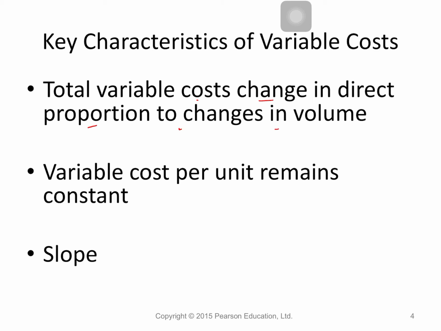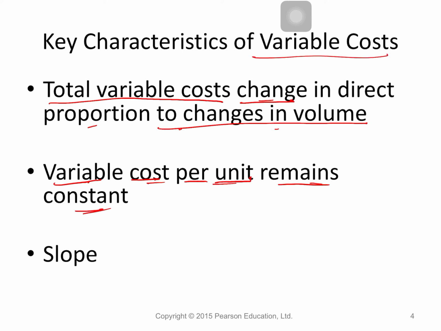So if the volume changes, then the total variable cost also changes, but variable cost per unit remains constant, meaning the same. The variable cost also tells you about the slope.